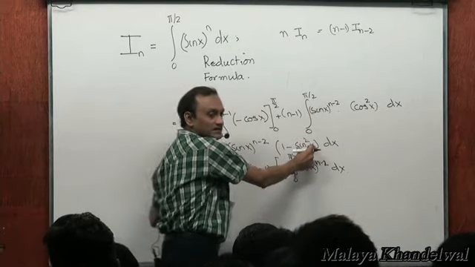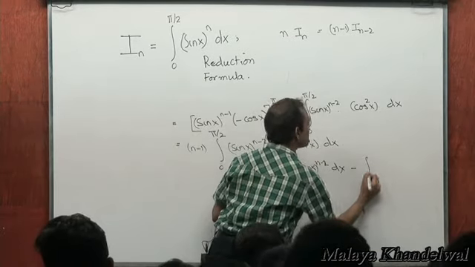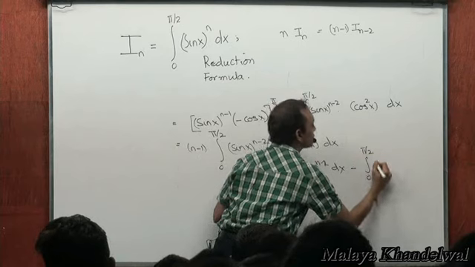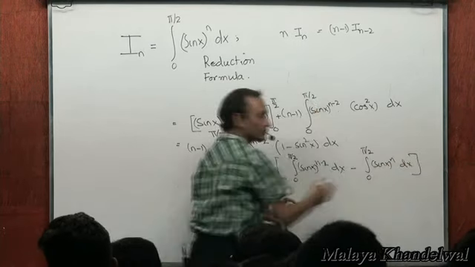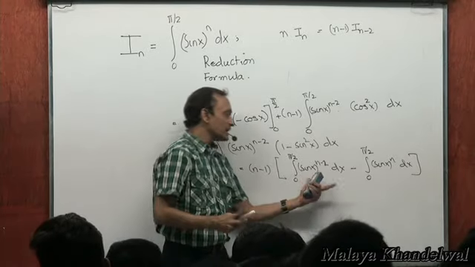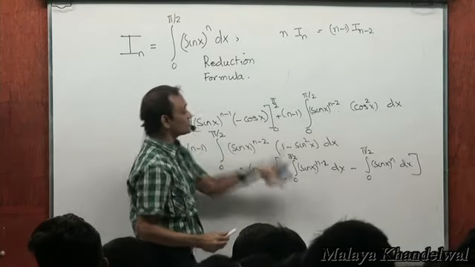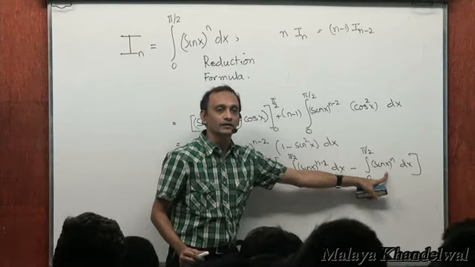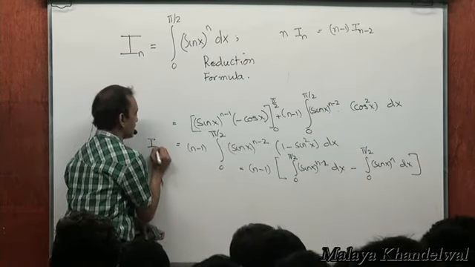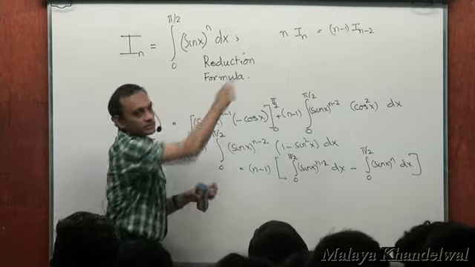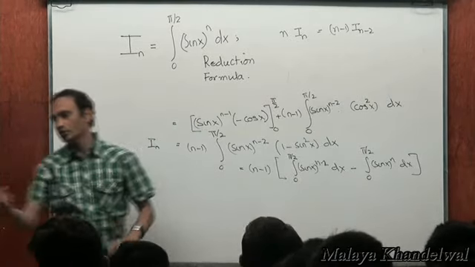And this into this is sine x to the power n, so minus integral 0 to pi by 2 sine x to the power n dx. This then is I n minus 2. If this is I n, this would be I n minus 2, this would be I n. And this I n I transposed on the left hand side, which is all I n. The left hand side is I n. To get this. Got me? Yes.